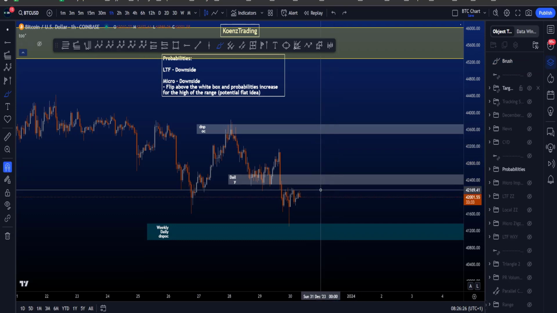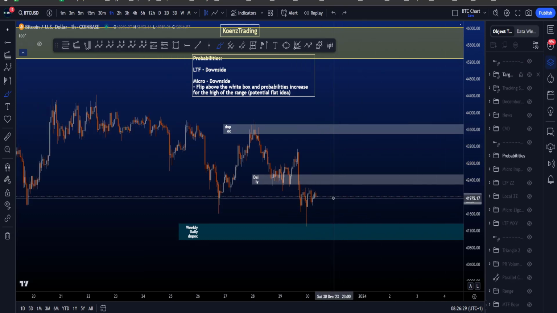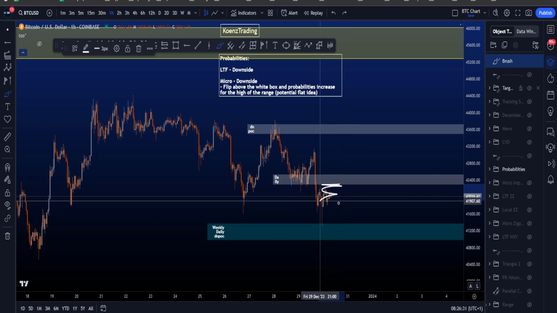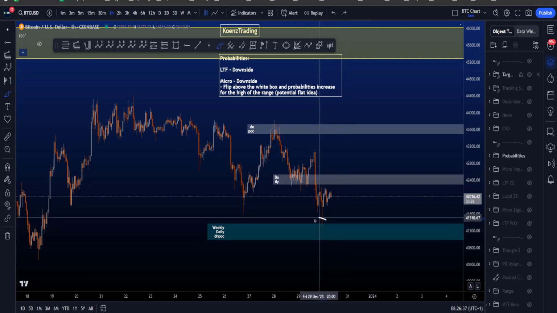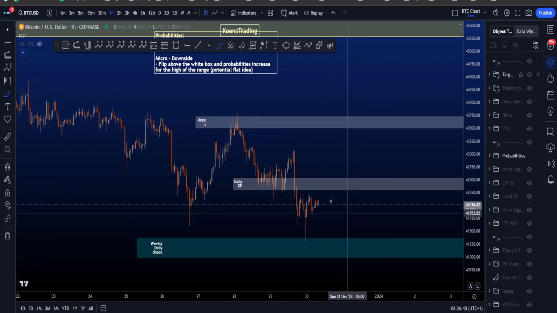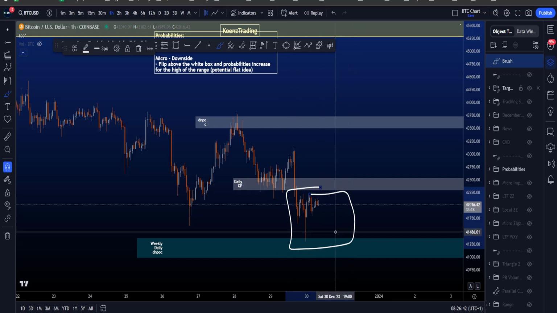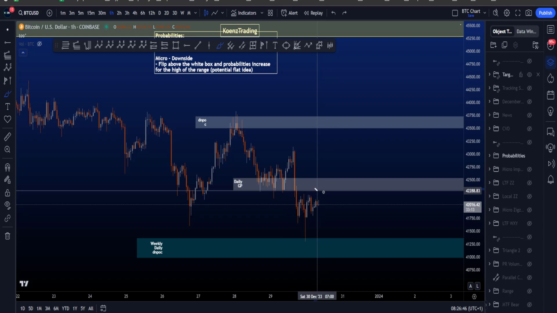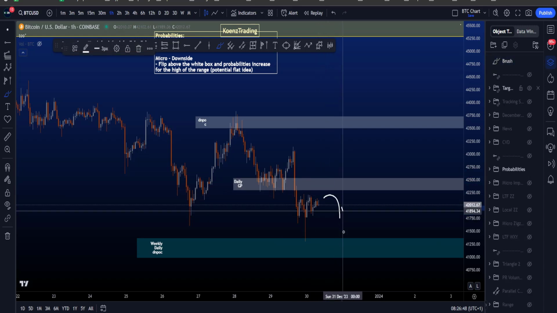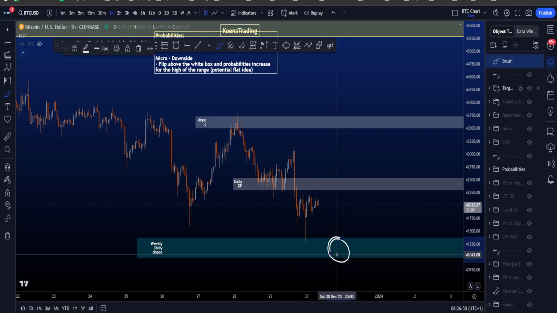And then we're going to be looking for either a wave C or a 3 to the downside. And as long as price is ranging below over here, the probabilities are higher to move to the downside. We just don't have a lot of information just yet after this low has been made. So I like to give price some time as well and look at the next update to see what the probabilities are here more locally to move above this box or move to the downside to visit this blue box once again.